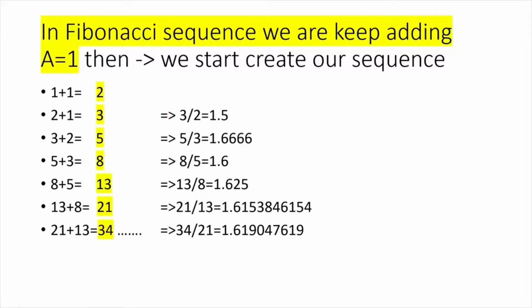Now, here is the correlation between the Fibonacci ratio and the golden ratio. And here it comes, because someone will ask a very simple question. Why start by adding 0 and 1, and not start by adding 0 and 2? 0 plus 2, 4, 6, 10, and so on.